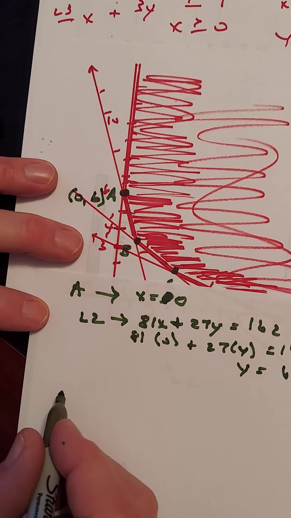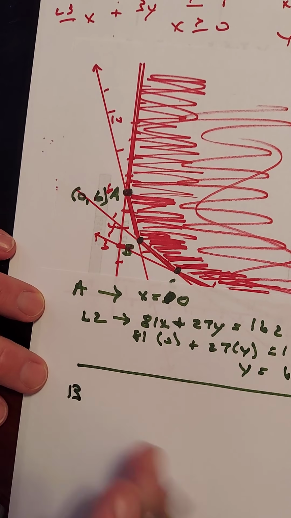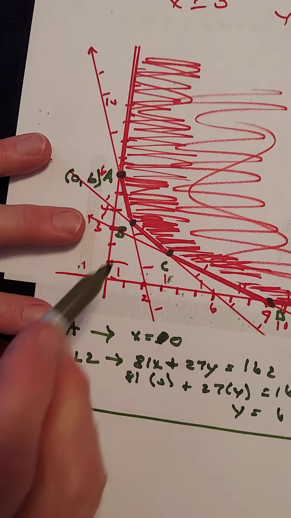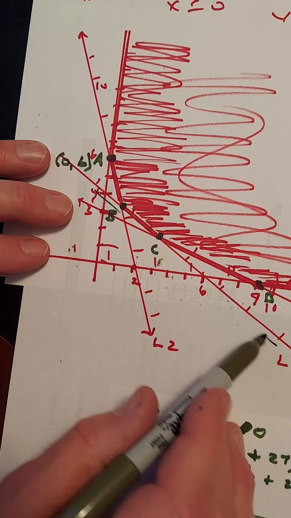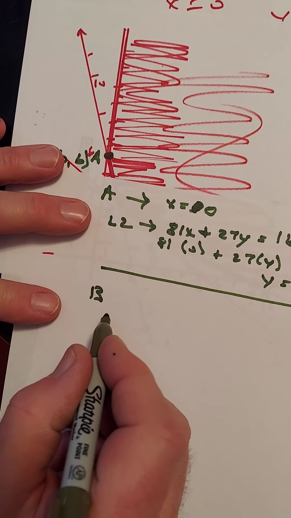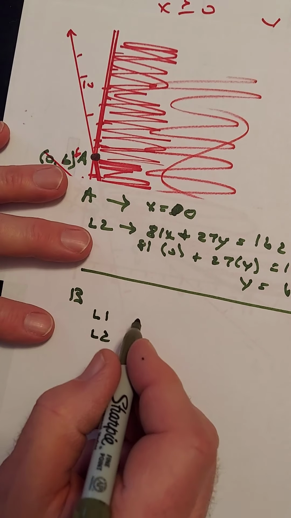Okay, let's go to point B. By the way, you're only going to have 4 points. That's a little easier than the last one. Point B is on this line, which is L1, and this line, which is L2.